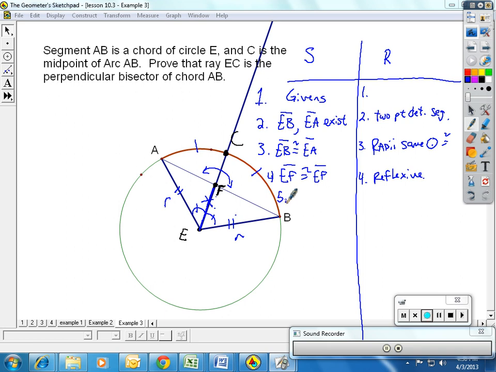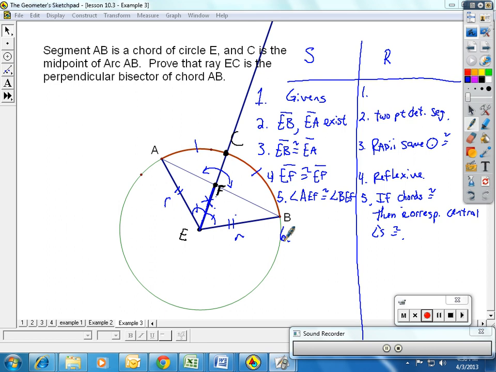Number 5, we know that angle AEF is congruent to angle BEF. And that came from this lesson. If chords are congruent, then corresponding central angles are congruent.